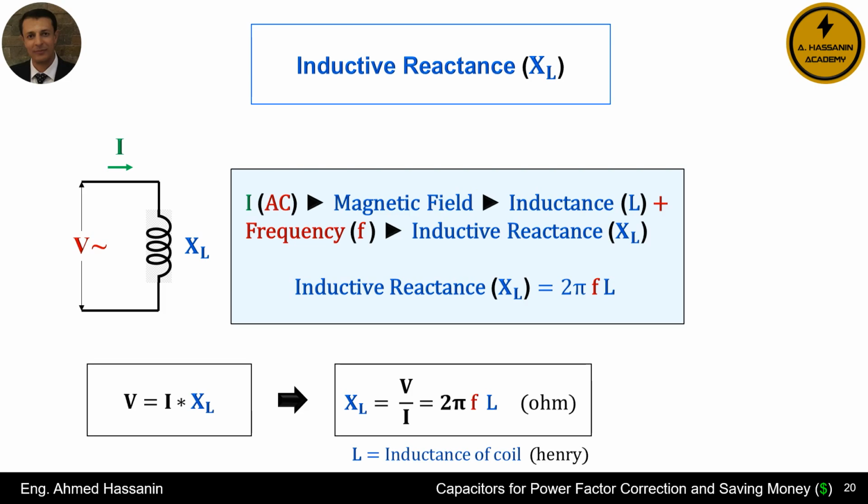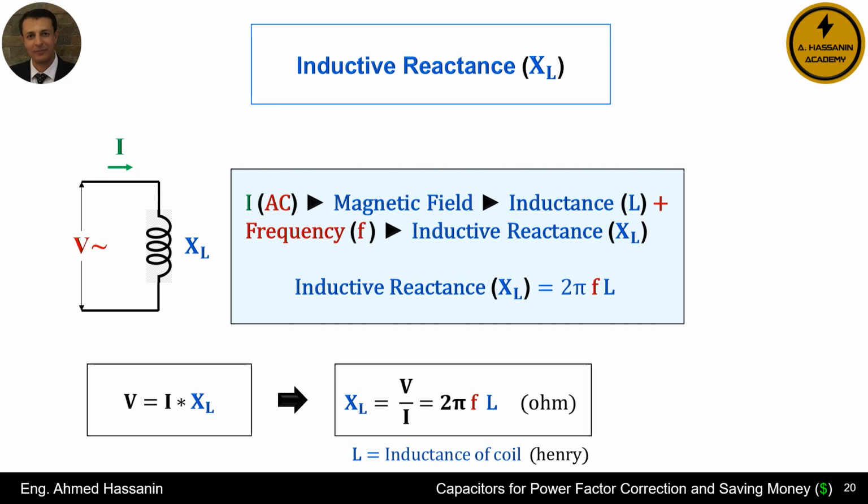This inductive reactance resists the flow of electric current in the inductor or coil. We must understand that the value of the inductive reactance depends on the inductance, L, and the frequency of the source. So we can calculate the value of inductive reactance, XL, using the following equation. Inductive reactance, denoted as XL, equals 2 times pi times the frequency, F in hertz, times the inductance, L in henries.